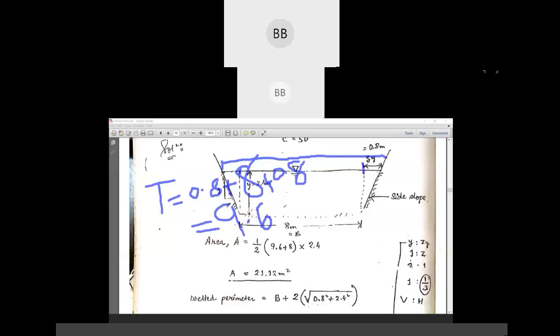So here we are going to find out the area now of the trapezoid. One parallel side is 9.6, that is top width, and one side is 8 meter, multiplied by your vertical distance, that is 2.4, and the area we are going to get is 21.12 meter square.